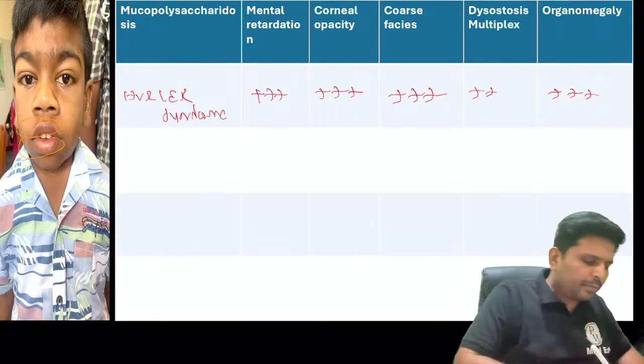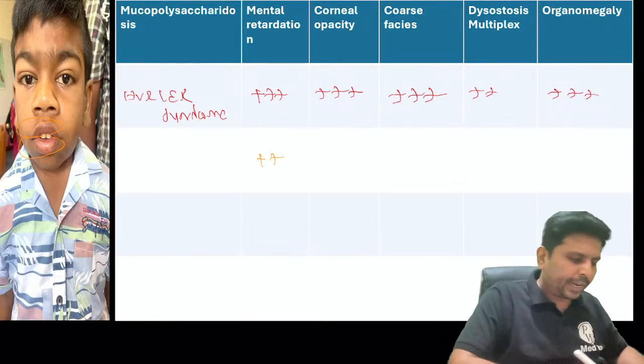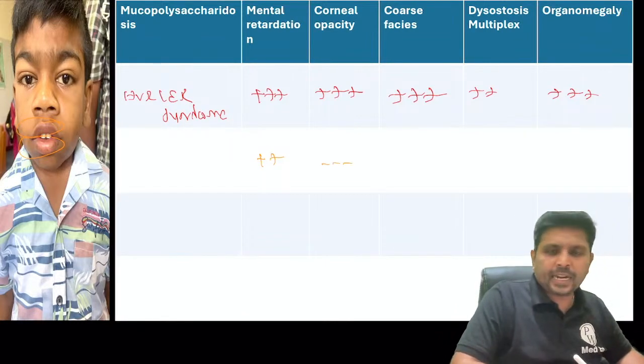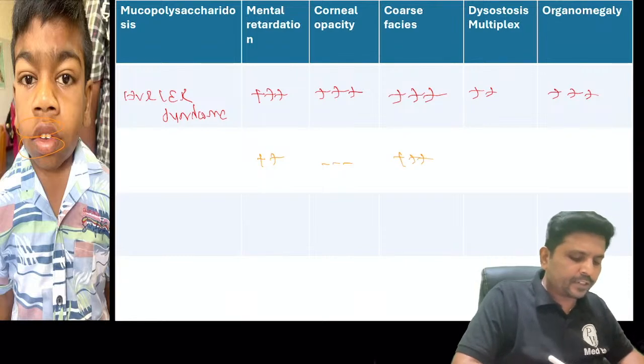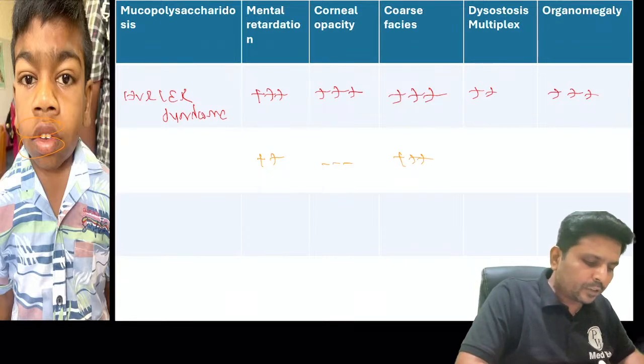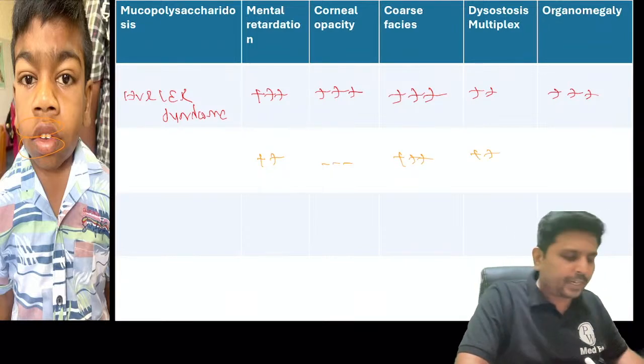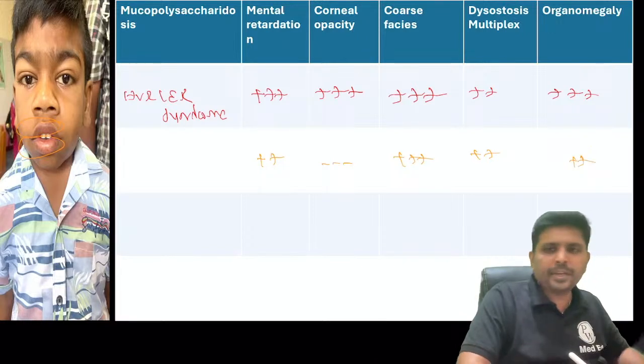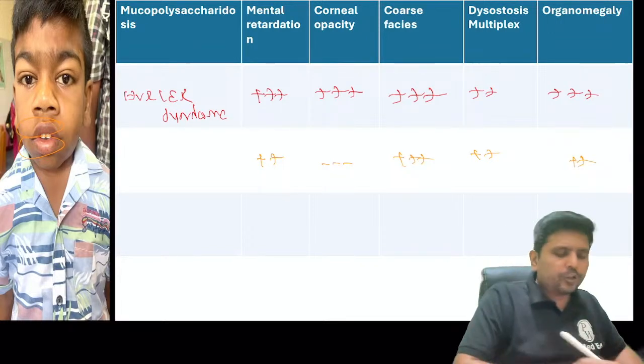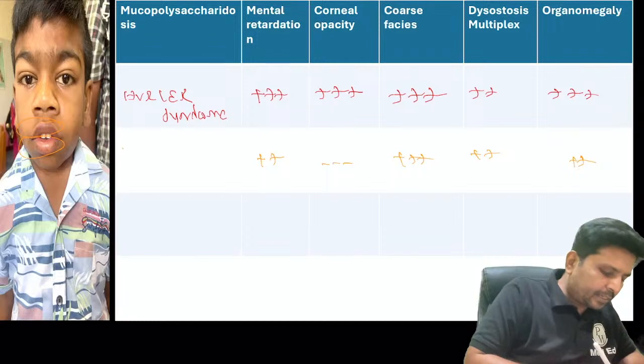When you have mental retardation, but corneal opacity none, coarse facial features yes, dysostosis multiplex skeletal dysplasia yes, organomegaly minimal, the absence of corneal opacity is Hunter.